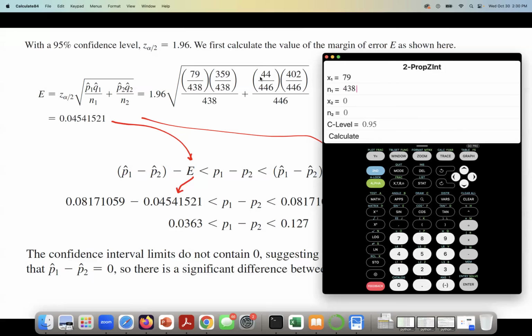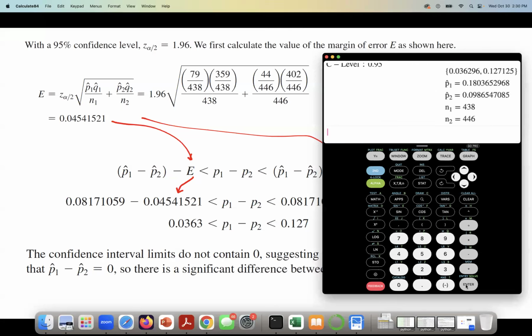The second sample success is 44, and the total number of values in your second sample is 446. The level of confidence is 95%, so 0.95. Let us click on Calculate and enter.